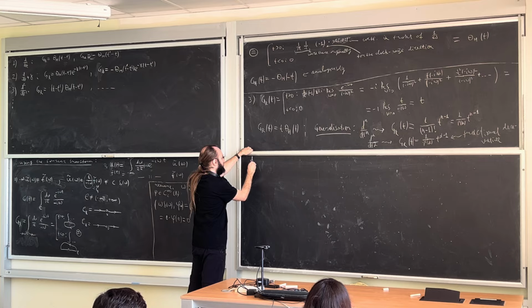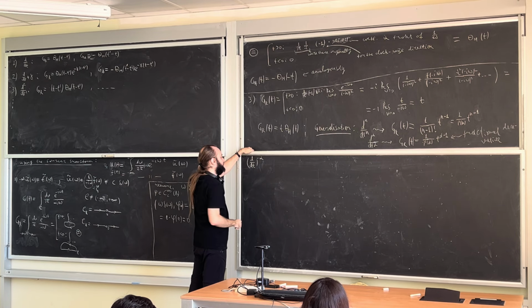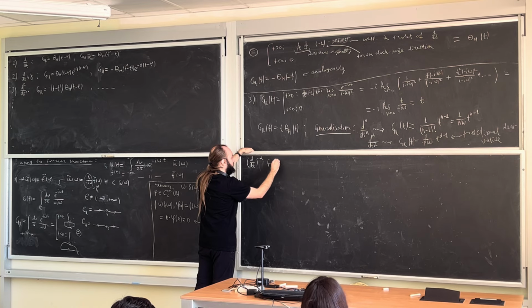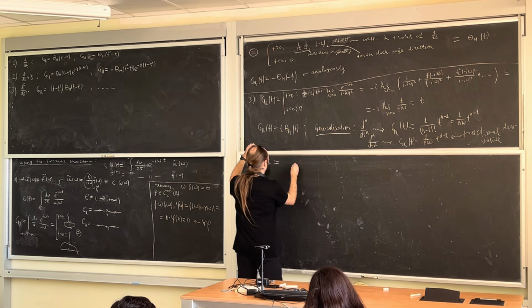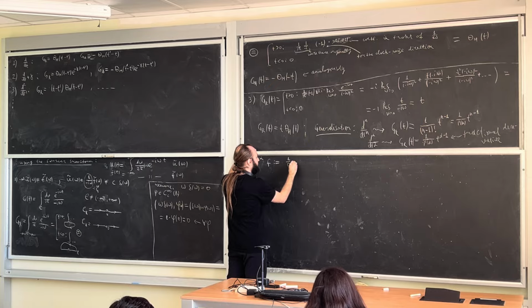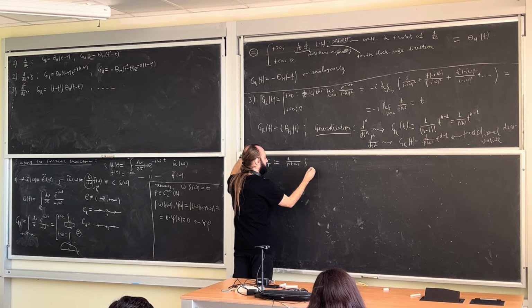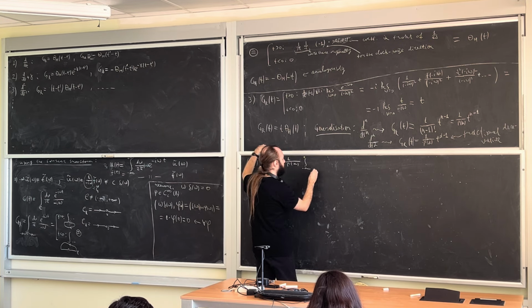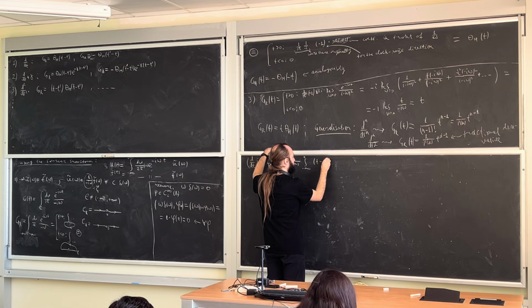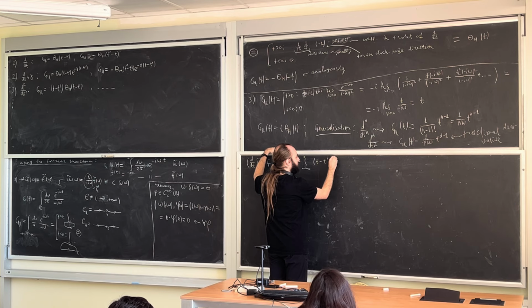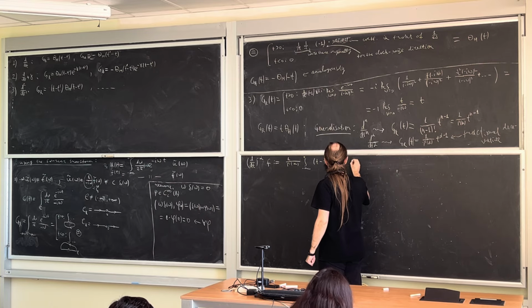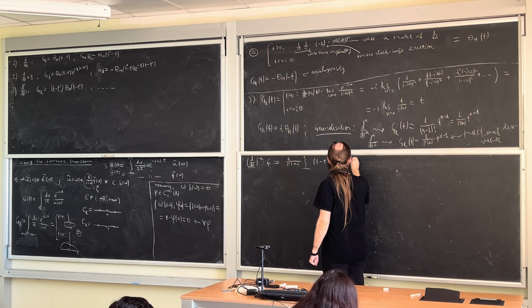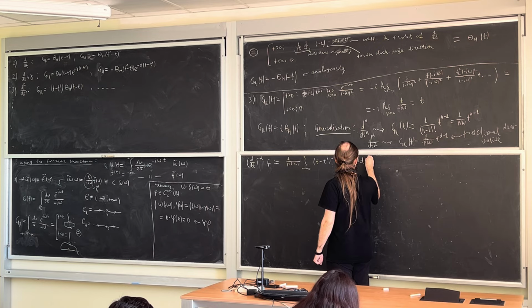So d over dt to the power minus alpha acting on f is given by definition, using this Green function, like 1 over gamma of alpha, integral from minus infinity to t, of t minus t prime to the power alpha minus 1, f of t prime dt prime.